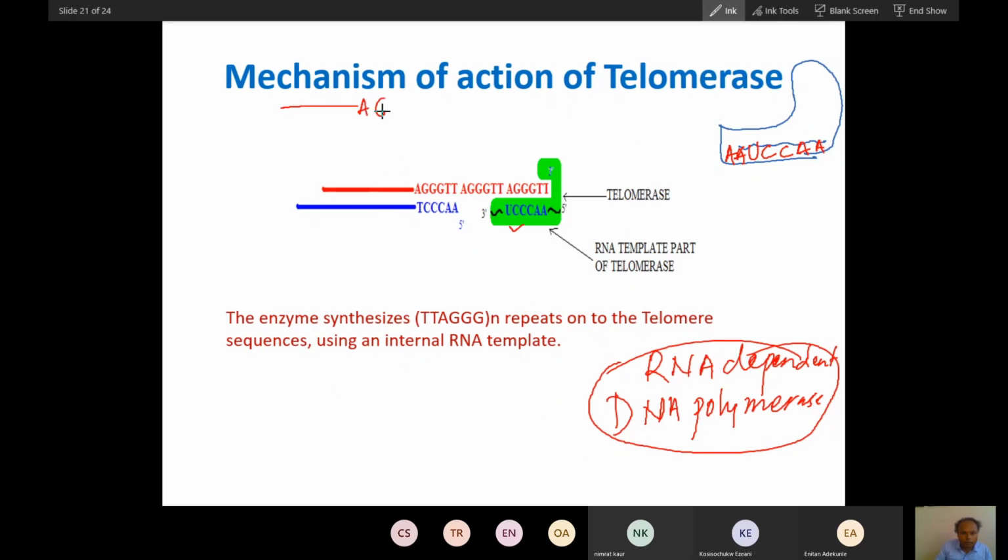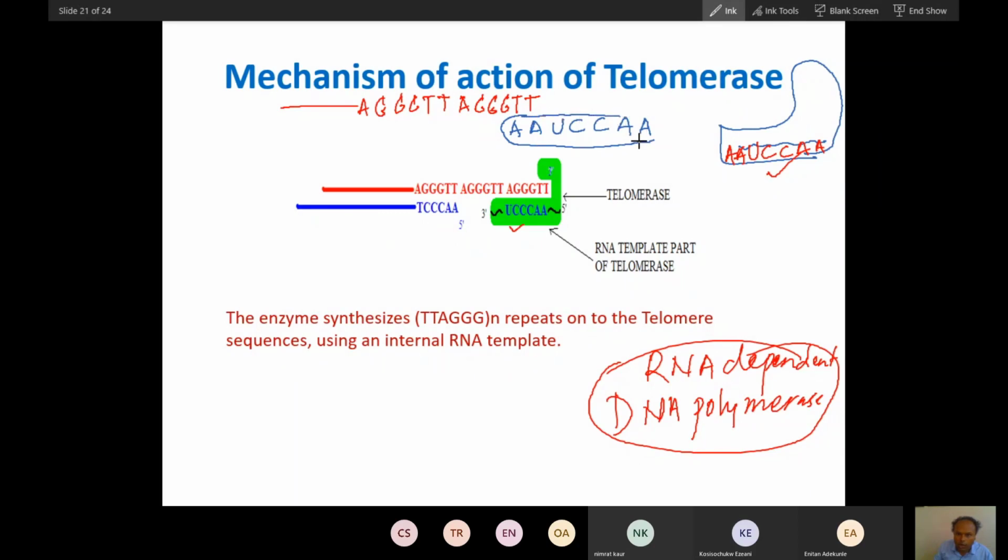This is DNA: G, T, T, and then A, G, T, T. Telomerase will have an RNA. This RNA will bind with this A, and this A will bind like this, and then there will be U, and then C, A, and A like this. So this is actually telomerase.